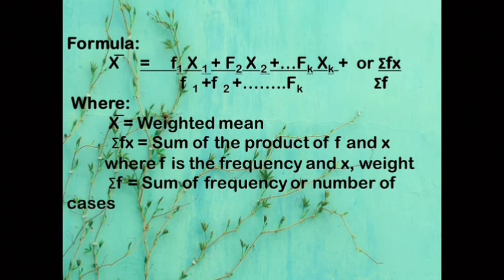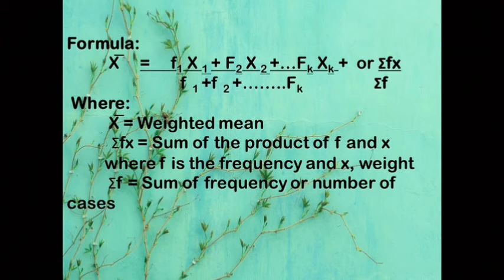So the formula is: x bar equals f sub 1 multiplied by x sub 1 plus f sub 2 multiplied by x sub 2, and so on until f sub 9 times x sub 9, divided by frequency sub 1 plus frequency sub 2 until frequency sub 9, because there are 9 indicators.